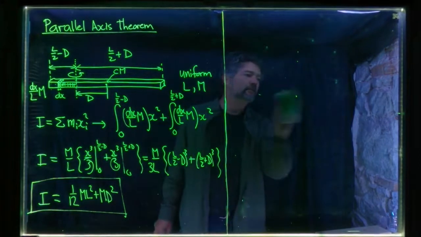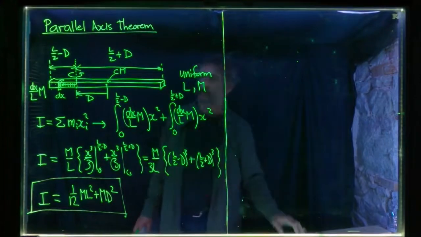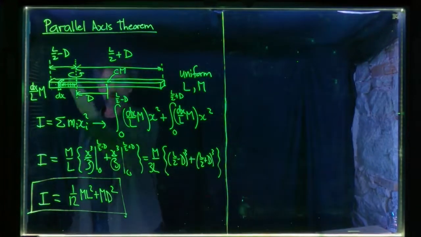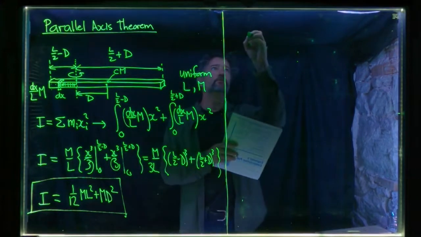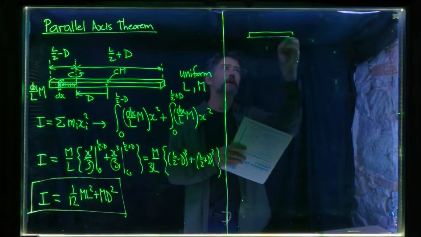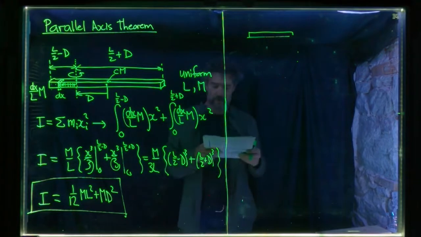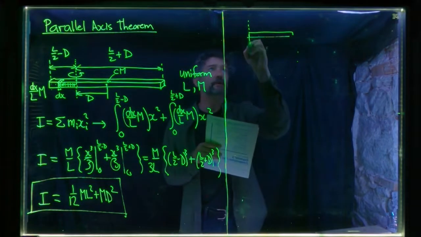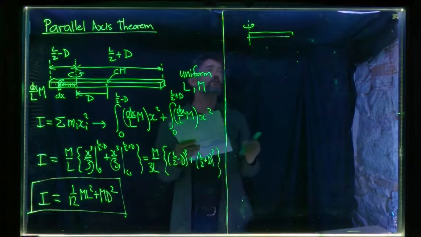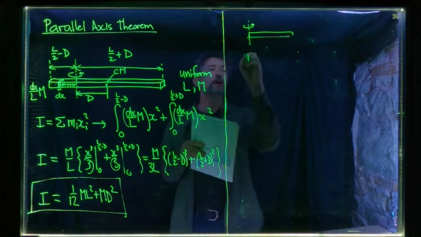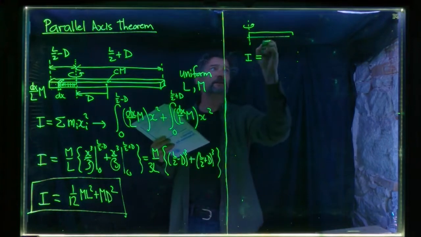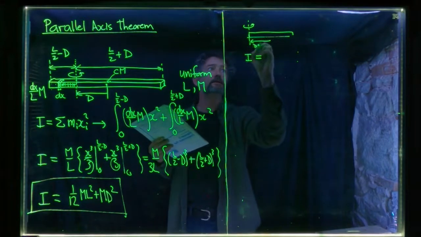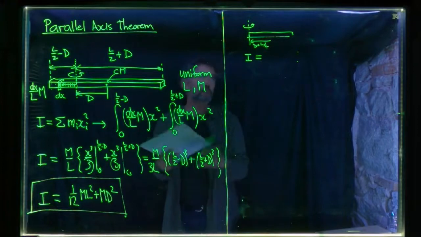Okay, and so let's take two extreme examples, d equals 0 and d equals L over 2, and let's look at those. If you take a rod like this and rotate that rod about the end, the distance d from the center of mass is L over 2.